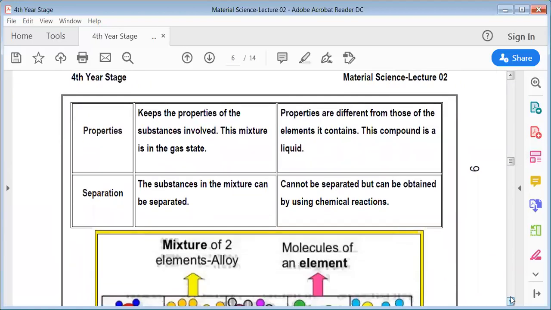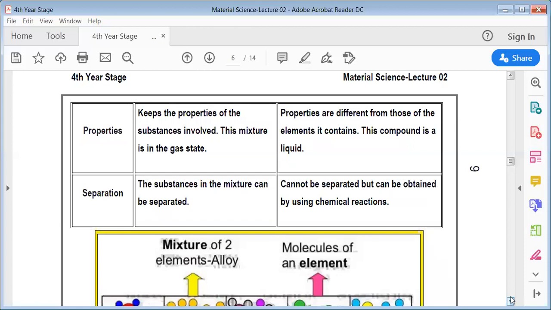If you look at the properties, a mixture keeps the properties of the substances involved. This mixture is in the gas state. Properties of a compound are different from those of the elements it contains. This compound is a liquid. We're talking about water in this case. In the other case, with a mixture, we're talking about, again, hydrogen and oxygen.